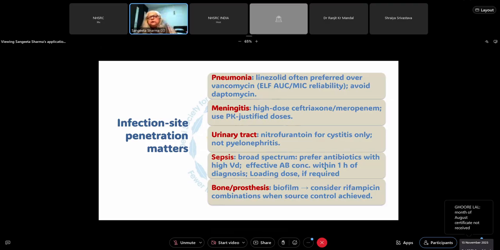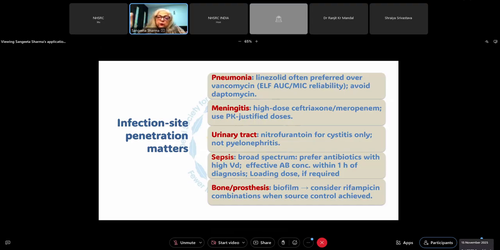One more thing from the AMSP angle is that if you have made these diagnoses like sepsis or pneumonia, one should try and start these antibiotics within 1 hour of the diagnosis, and a loading dose should be given if you are suspecting sepsis.